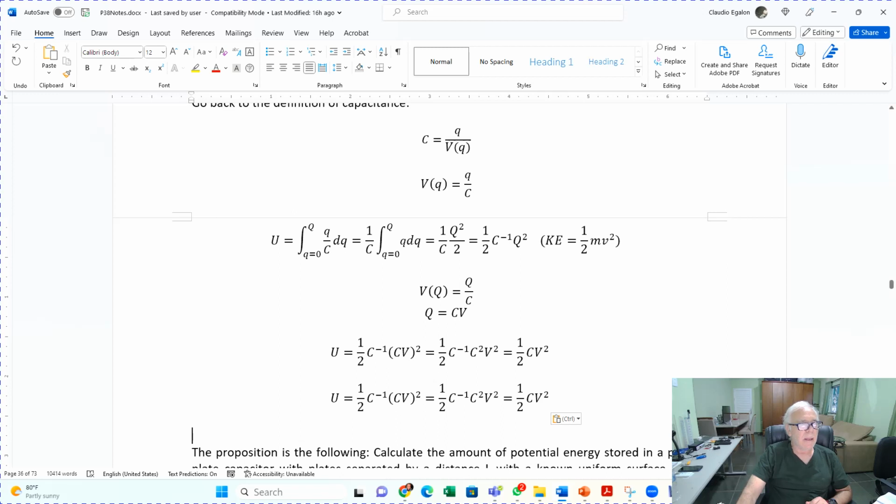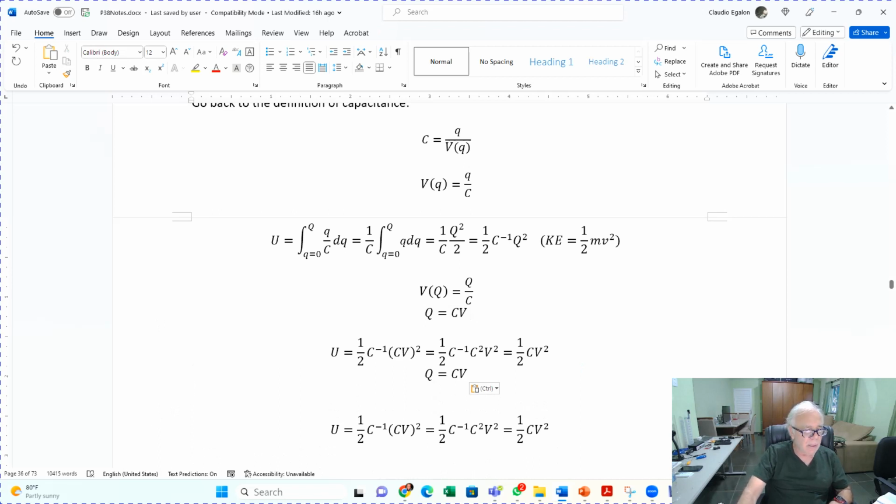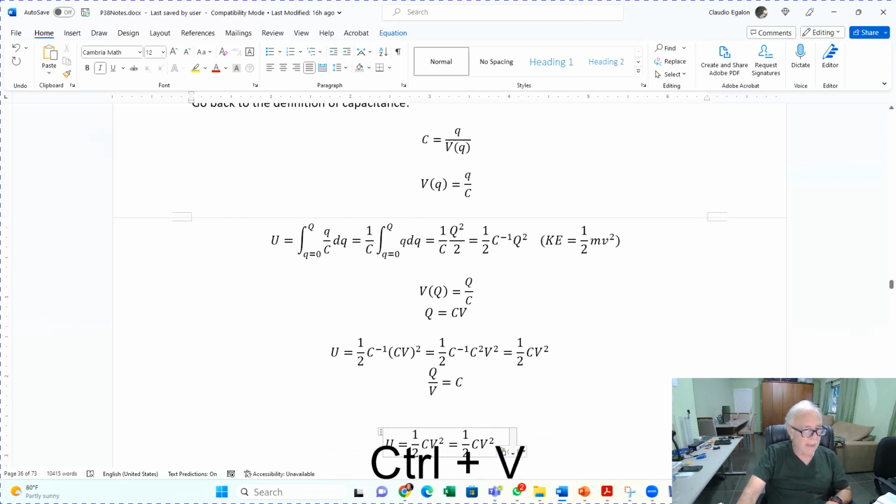Okay. Another way of representing this equation is by eliminating the C. C is Q over V, right? And when you do that, you place it right here.